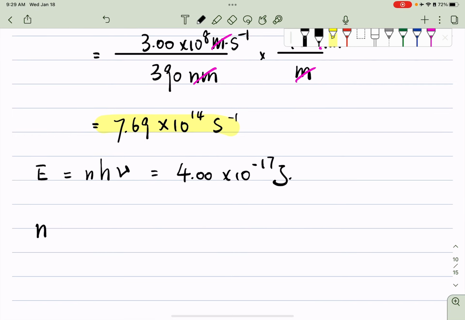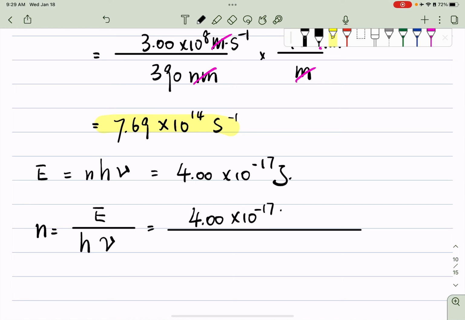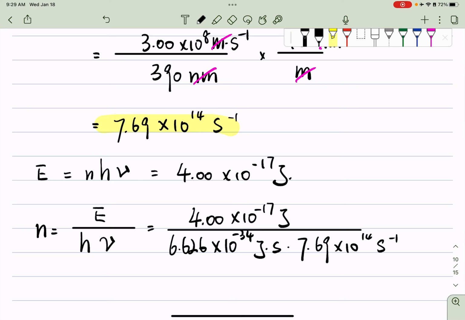Or we can rewrite n equals E over hν. That equals 4.00 times 10 to the negative 17 joules over the Planck constant, 6.626 times 10 to the negative 34 joule second, and the frequency we just calculated, 7.69 times 10 to the 14 s minus 1.